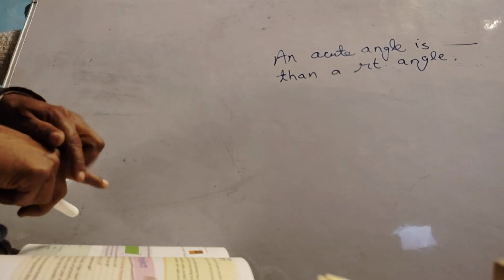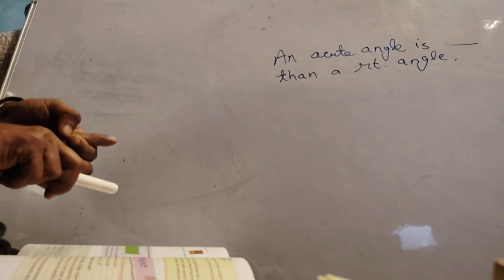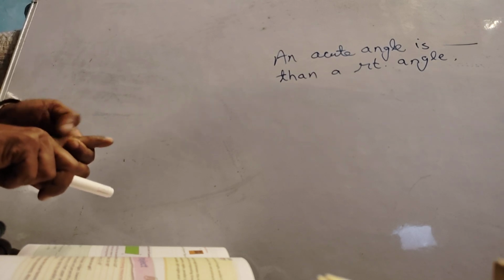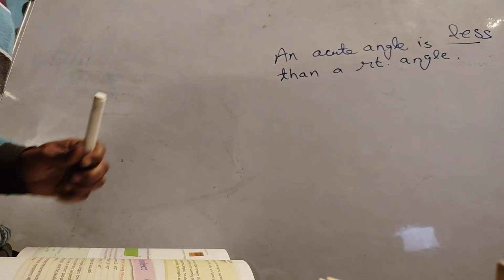An acute angle is less than a right angle. Yes, less than is correct. So acute means less than 90 degrees.